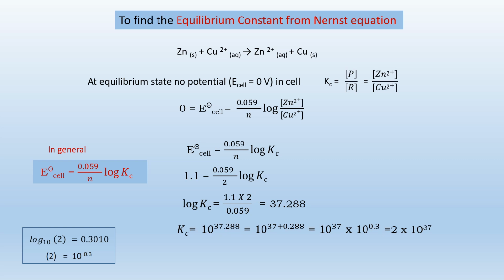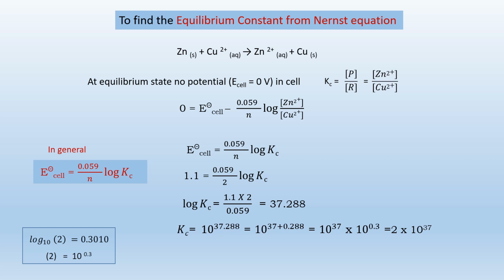You can also write it as 37 plus 0.288 is equal to 37.288. Okay. Then it is a power addition. Power addition can be separated as a power multiplication. Okay. That is 10 power 37 into 10 power 0.3. Previously you have learned this thing. If there is a multiplication, power things can be added. Okay. What is 10 power 0.3?